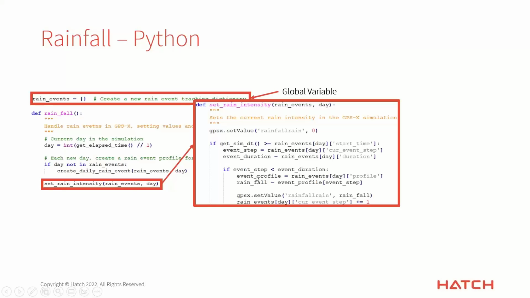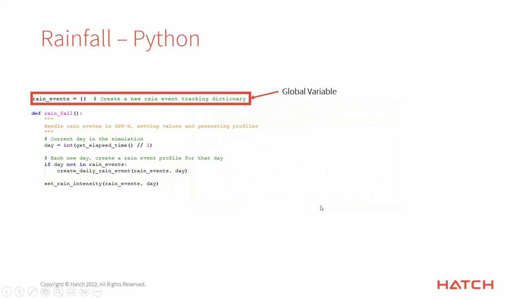We check to see if we're at a point in our event that hasn't exceeded the duration of the event. And if we aren't, we get what our rainfall value is going to be, and we just assign that to the GPS-X rainfall intensity in the rainfall object. And then we'll just increment that count of where we are in the event.